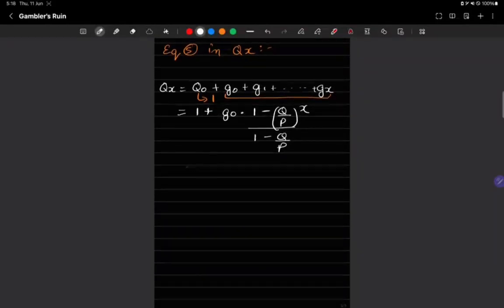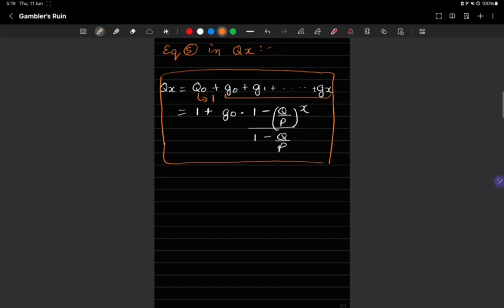Now, as we have our q(x) equation, we can move forward with tweaking this equation to find out the value of g0, like what's the first gap that happened. So we'll try to find the value of g0 from this.